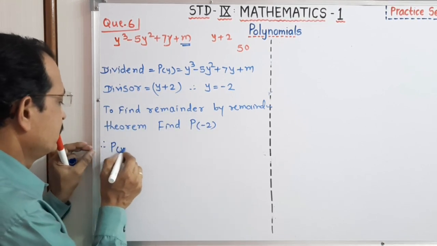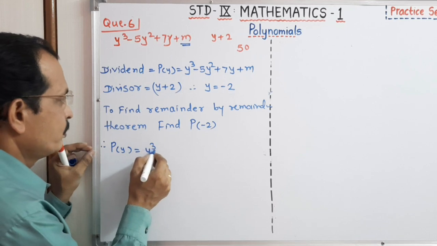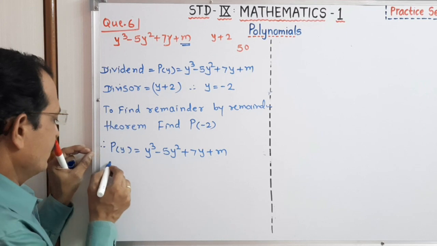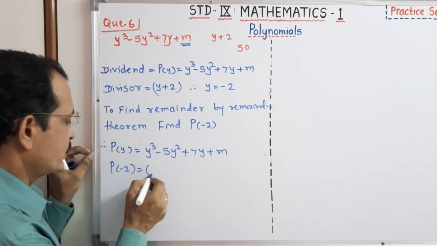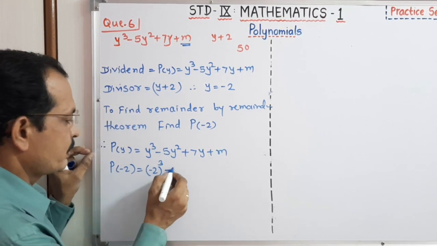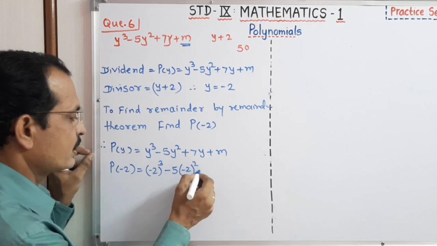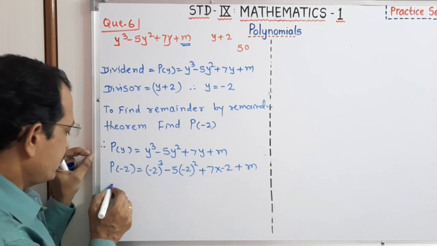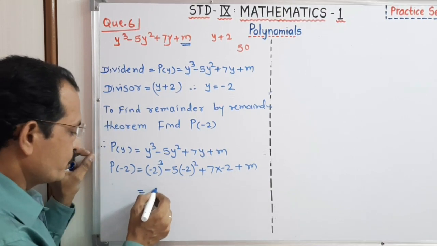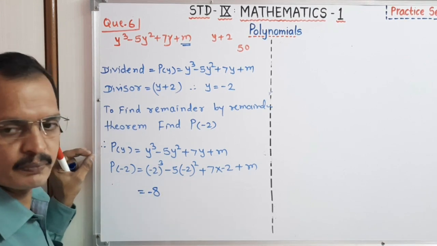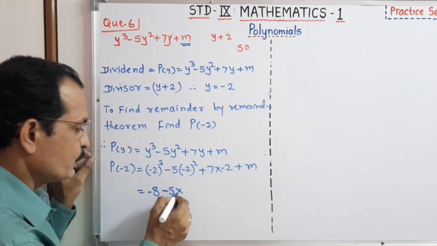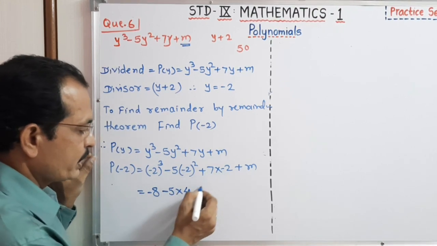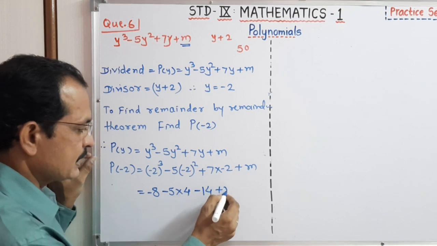Therefore Py is equal to y cube minus 5y square plus 7y plus n. P minus 2 is equal to cube of minus 2 minus 5 into minus 2 square plus 7 into minus 2 plus n. Now see here, cube of minus 2, it is minus 8, then minus 5 into square of minus 2, it is 4, so minus 20, plus 7 into minus 2, it is minus 14, plus n.